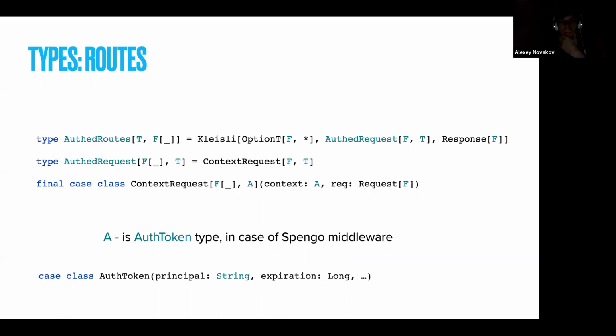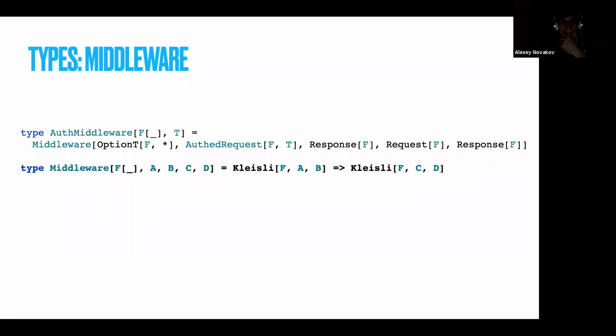Yeah, maybe it will be a little bit clearer on the next slide. It gives a bit more type aliases, but there is some particular idea in these aliases. So let's look at what AuthMiddleware actually is, right? AuthMiddleware is a type alias for a Middleware, which has a lot of type parameters. And then we need to immediately look at what Middleware actually is.